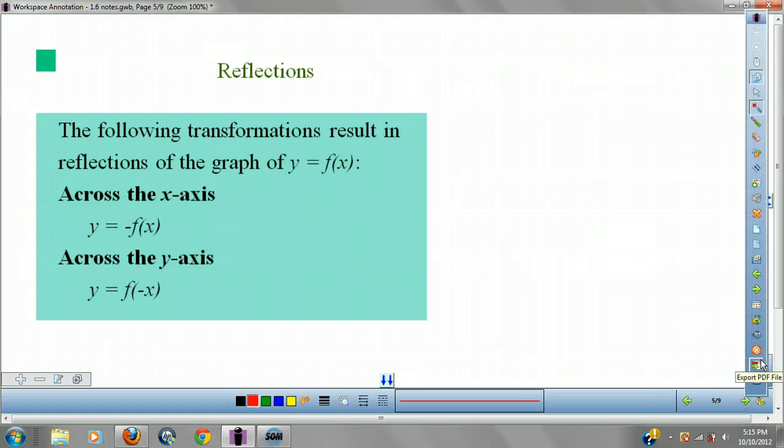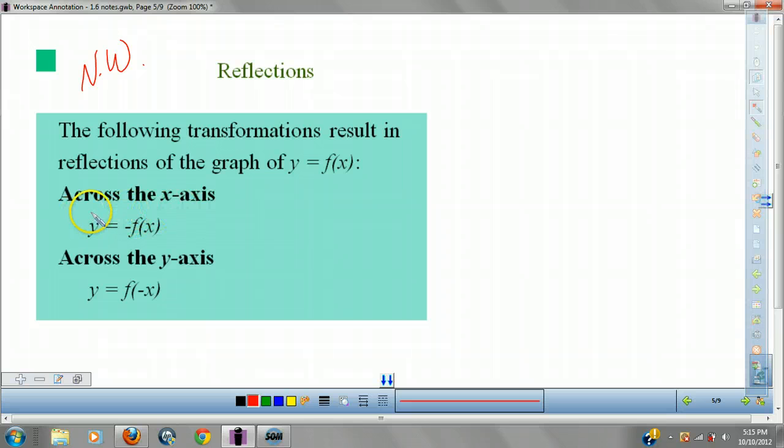Okay. Next thing I want to talk about is when we reflect over the x and the y axis. So when you do a reflection over the x-axis, guys, this right here is very noteworthy.